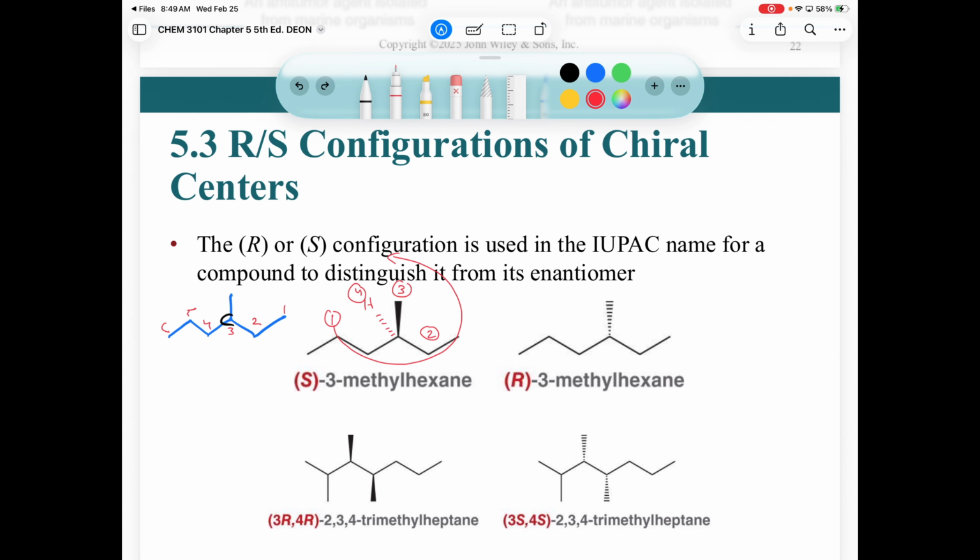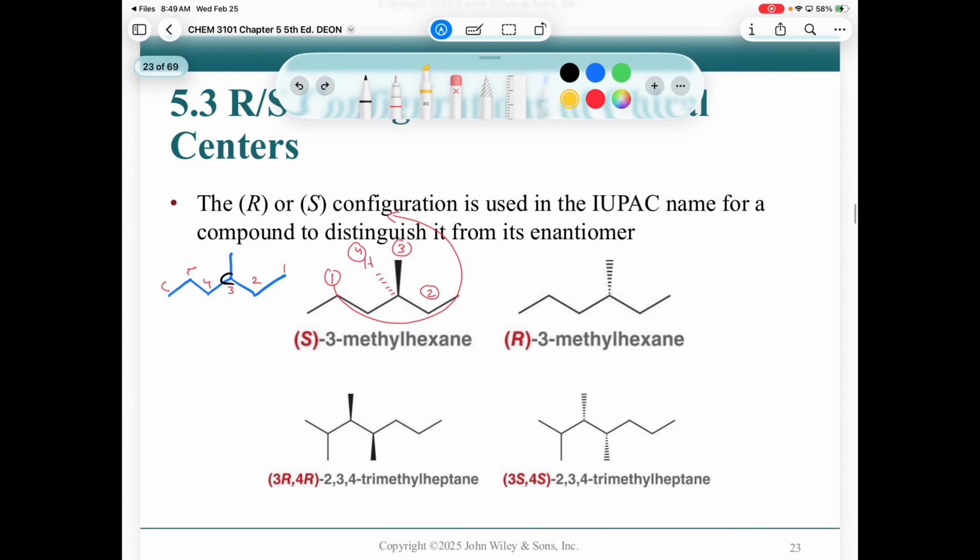Now, what if there's more than one chiral center? Well, you have to put a locant, or a number, in front of the chiral center that you're designating. Here we have 2 chiral centers, so we have 2,3,4-trimethylheptane. In this compound, this is carbon 3 and this is carbon 4, so we put the chirality, but with a locant, a number designating it, in front of it.